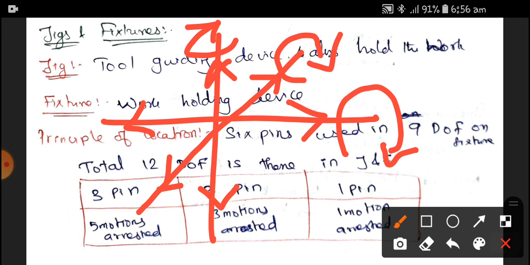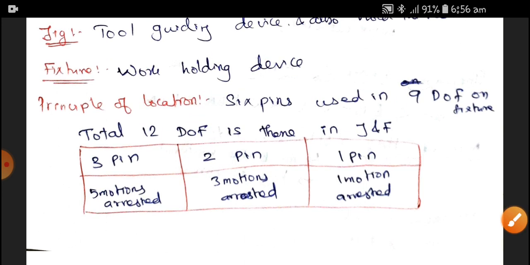Here the 6 pins are used. With the first 3 pins, 5 motions are arrested. With the next 2 pins, 3 motions are arrested, and with the last pin, 1 motion is arrested. That is why 6 pins are enough for arresting 9 degrees of freedom on the fixture.